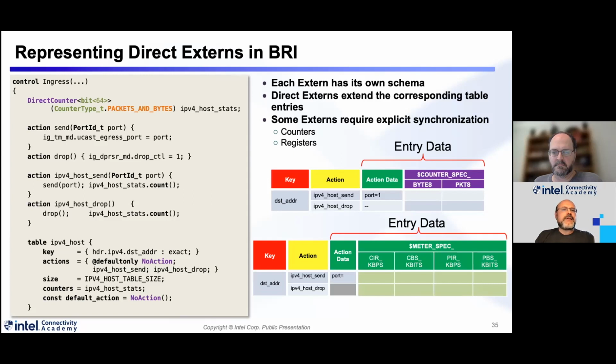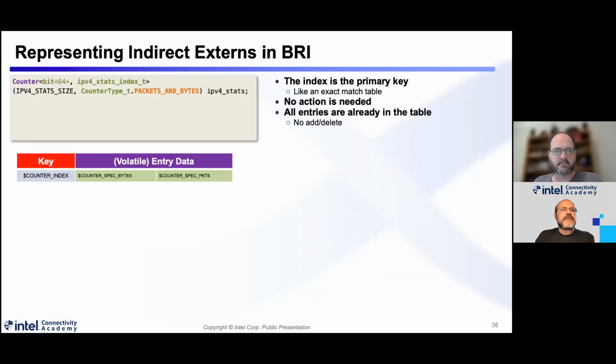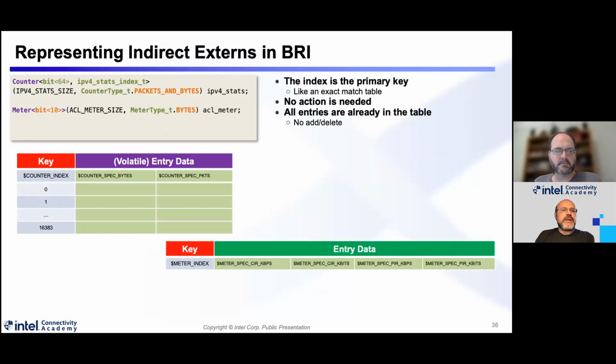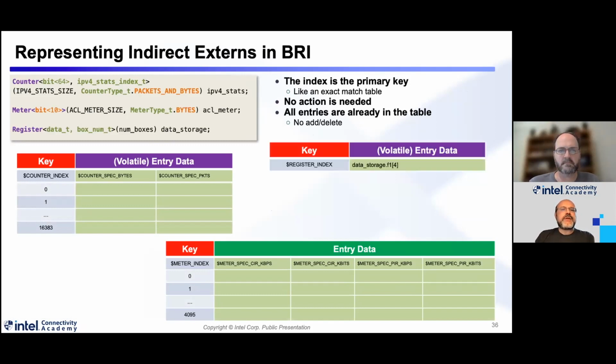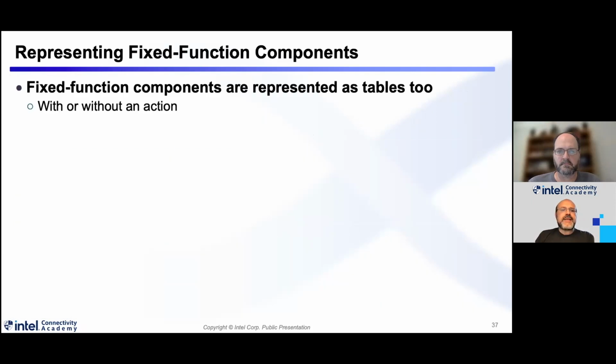We can think about indirect externs also represented as tables where the index of that indirect extern is the key. And what is really important is that Barefoot Runtime interface allows us to control fixed function components using exact same technology.